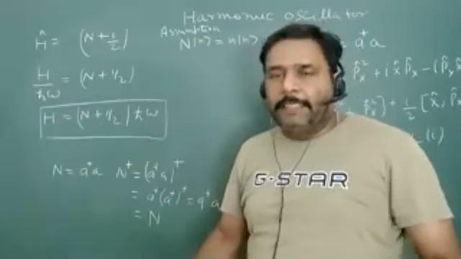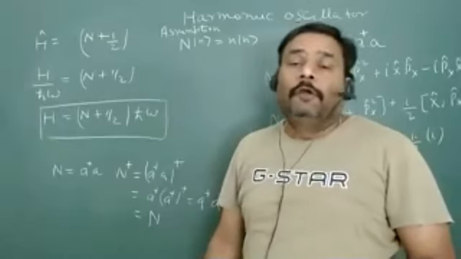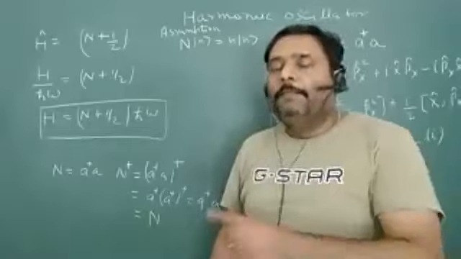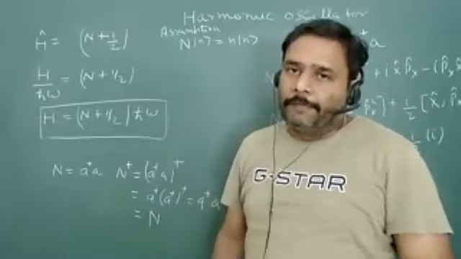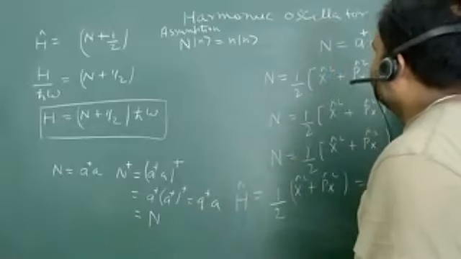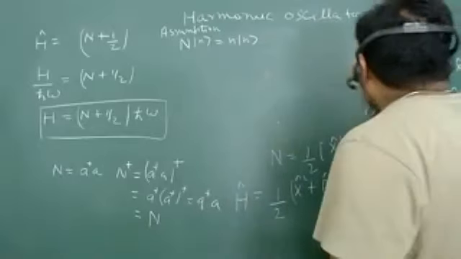So let's try to figure out the properties of a dagger a and n by the commutation algebra of the harmonic oscillator.